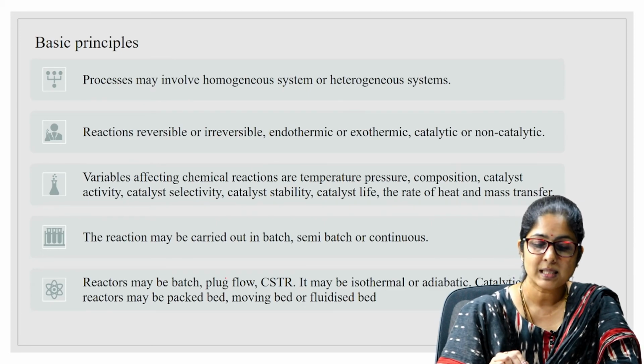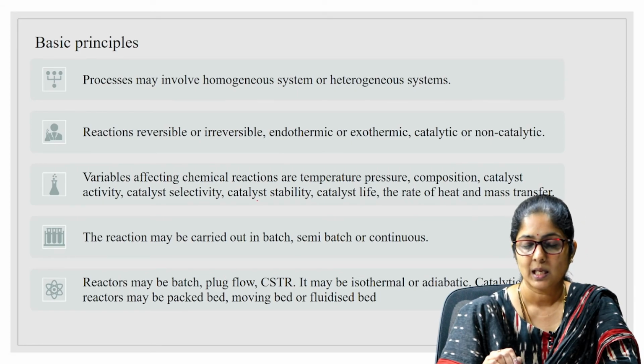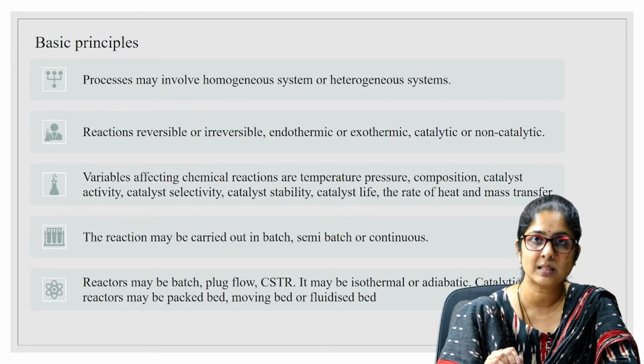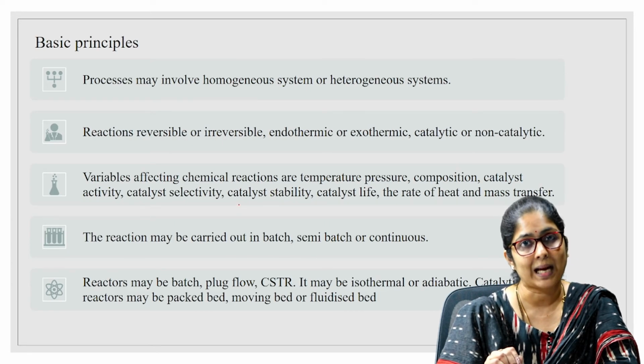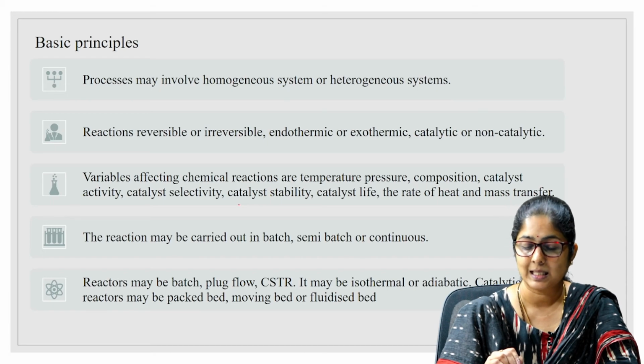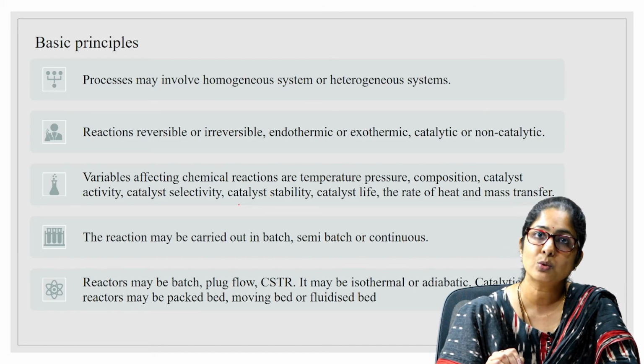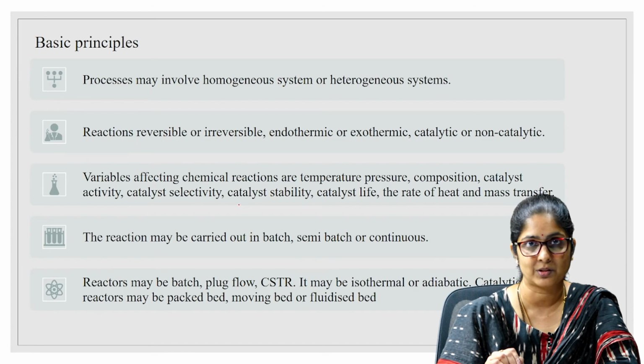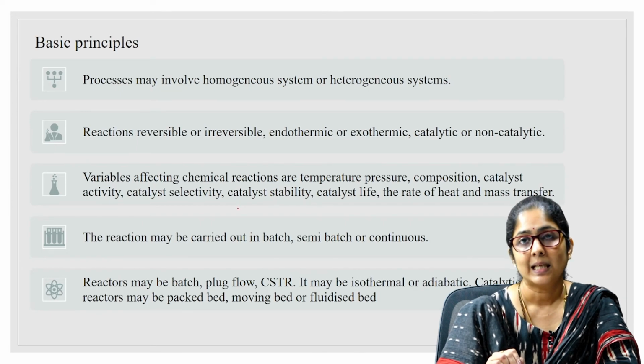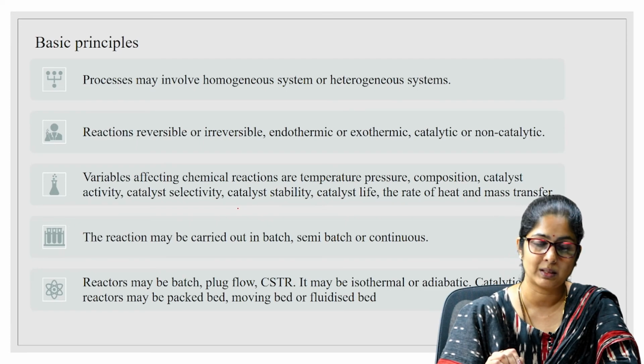Coming to the variables affecting the chemical reactions, basically temperature, pressure, concentration affect the rate of chemical reaction. Along with the type of catalyst, catalyst stability and catalyst selectivity also affect the rate of chemical reaction. Finally, heat transfer and mass transfer also affect the rate of chemical reaction.